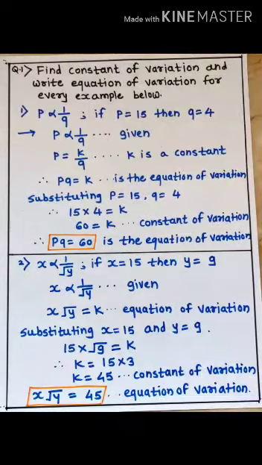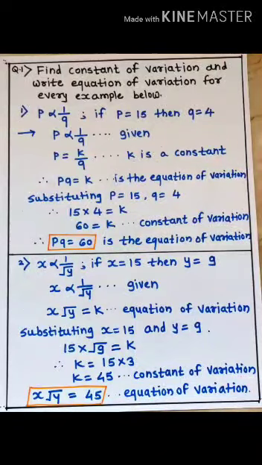Now, substitute the value of P as 15 and value of Q as 4 in the above equation. Therefore, 15 multiplied by 4 is equal to K. 60 is equal to K, that is the constant of variation. Therefore, PQ is equal to 60 is the equation of variation.